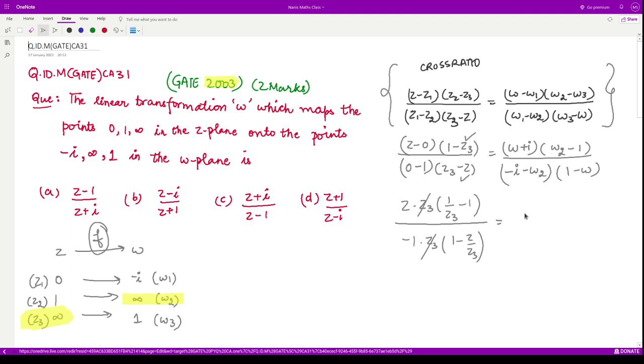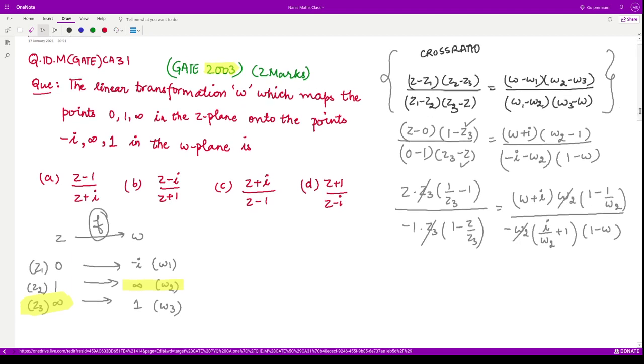On the right hand side we have w plus iota, and again we can take w2 common, so it would be 1 minus 1 upon w2, then divided by minus w2 common, so it would be iota divided by w2 plus 1, and 1 minus w as such. From here w2 and w2 cancel.